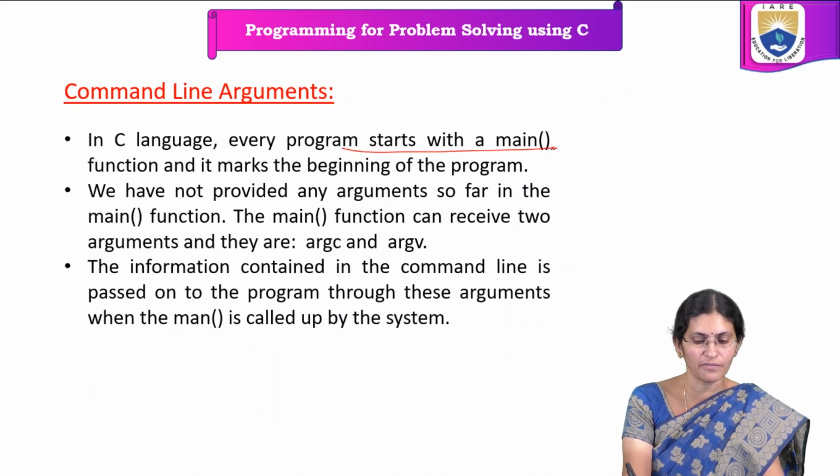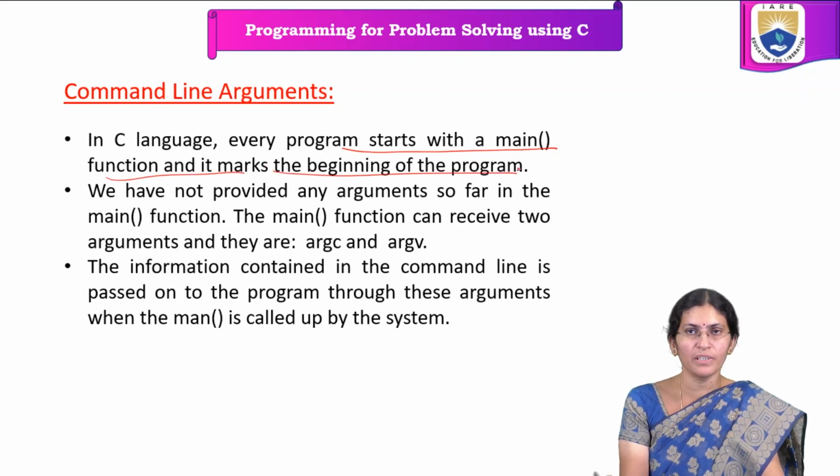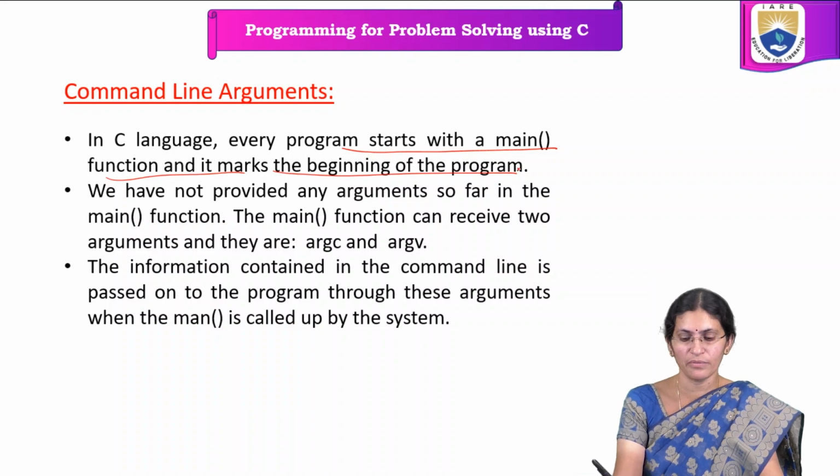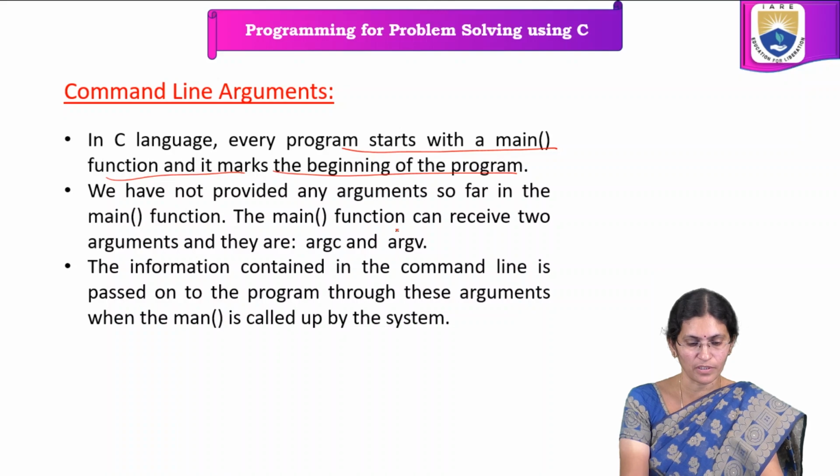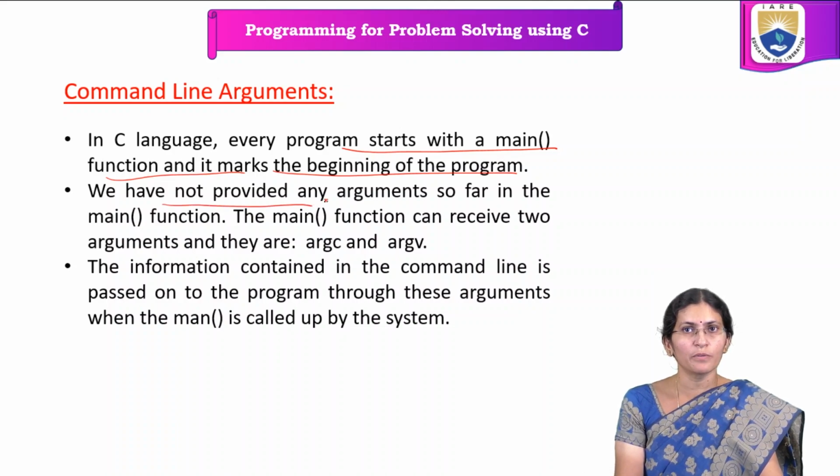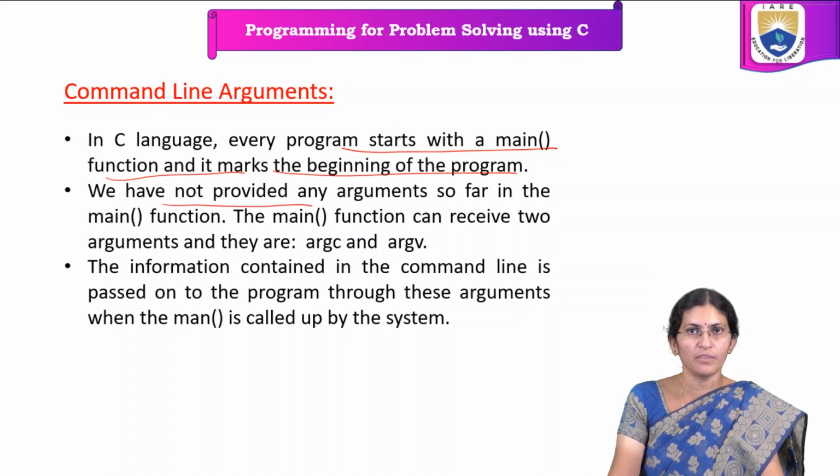In C language, every program starts with a main function, and it marks the beginning of the program. Till now, we have not provided any arguments in the main function.